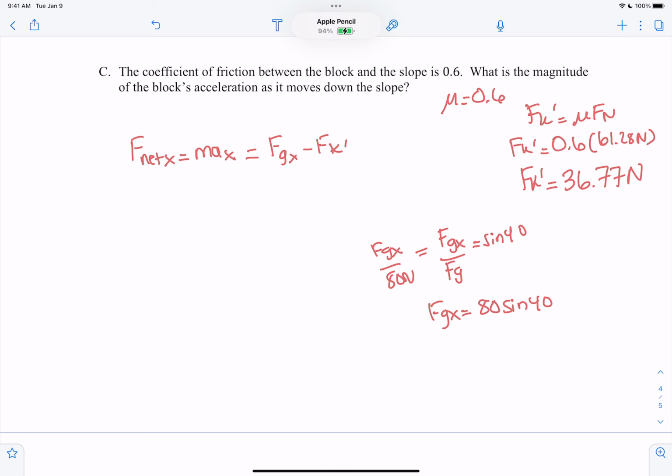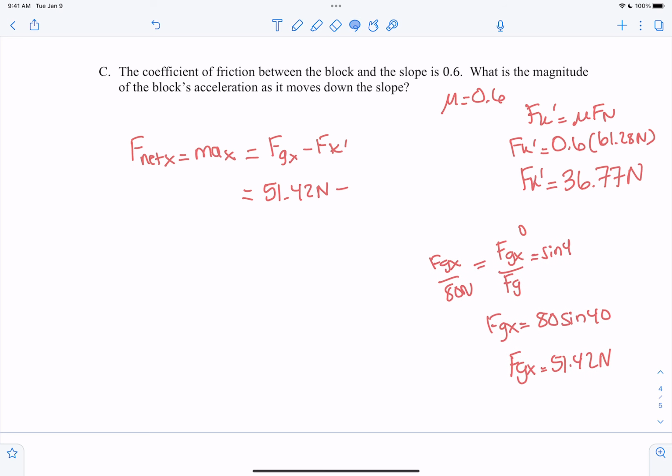What do you guys get for 80 sine 40? Yep, 51.42 newtons.